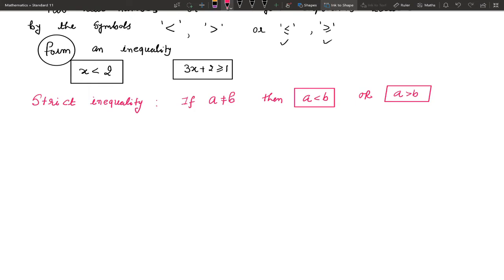These inequalities are known as strict inequality.